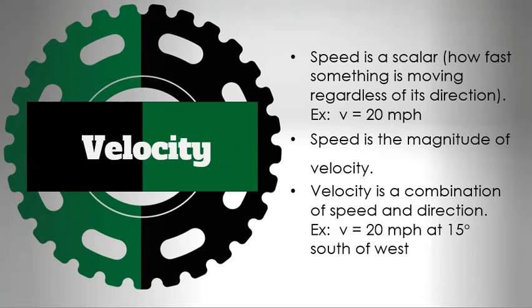Speed is the magnitude of velocity. Velocity is a combination of speed and direction, so velocity is considered a vector quantity. For example, V equals 20 meters per hour at 15 degrees south of west. See the difference between speed and velocity.